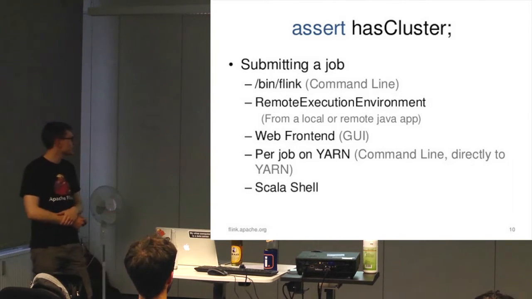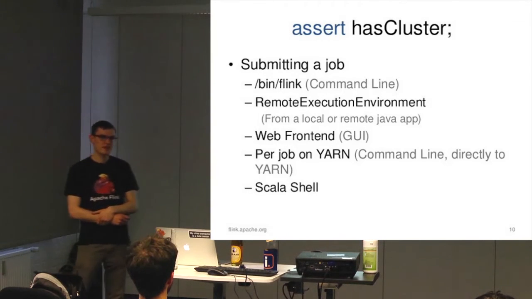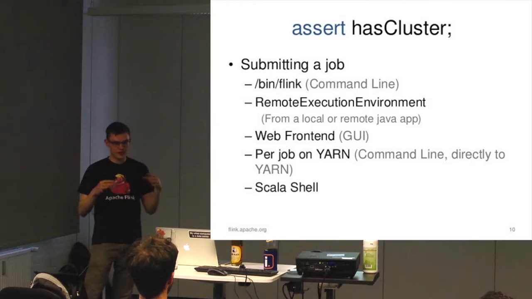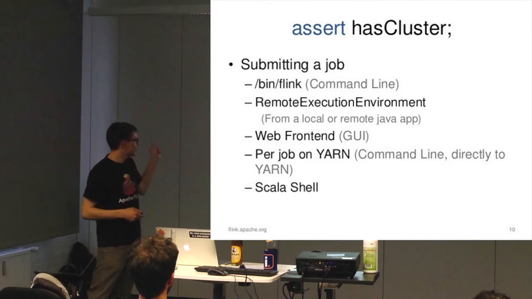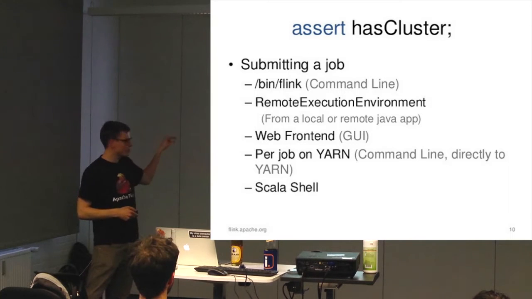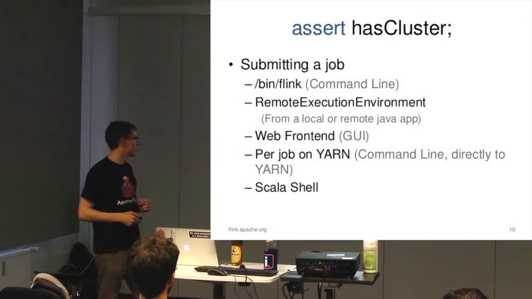The second option is this remote execution environment. With that, you can, for example, trigger jobs from inside a JVM. So, for example, when you're working in a company and you want your users to start Flink jobs out of an application server, for example, when they click on a button, then you can, from this application server, trigger a job using that remote execution environment.